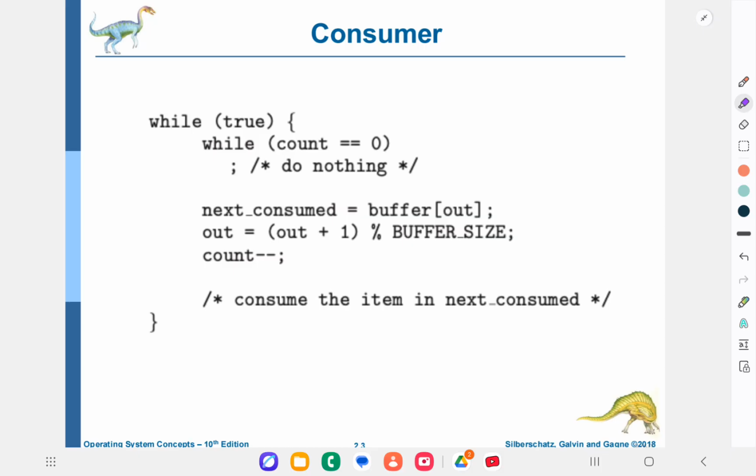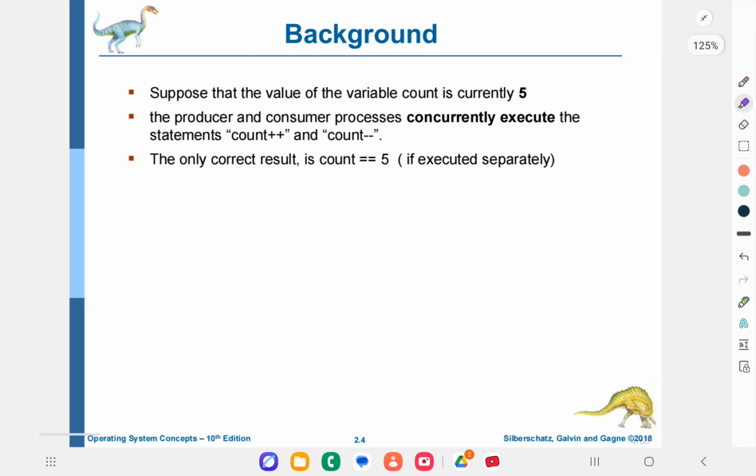And since this is a shared buffer between these two threads, if we don't have proper synchronization tools implemented, then the consumer may read this shared buffer while the producer is still writing to it. So we can have some problems with data consistency in this scenario.